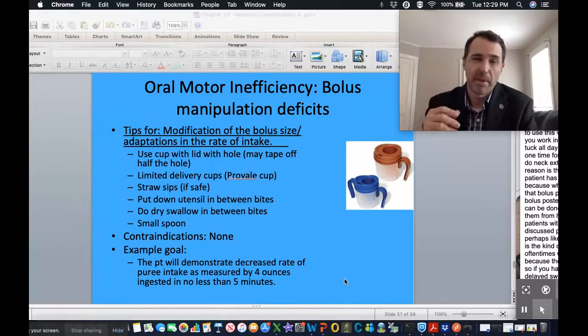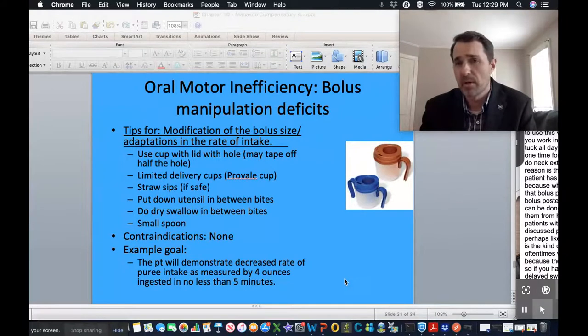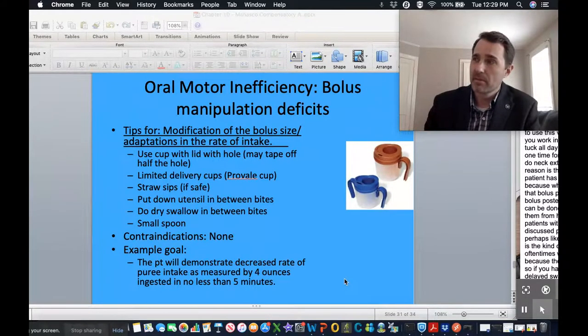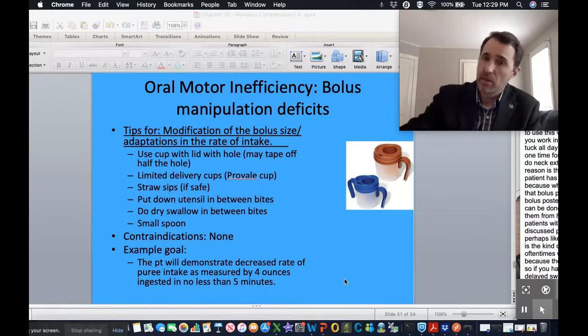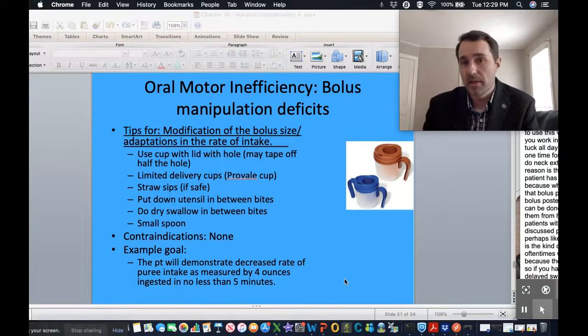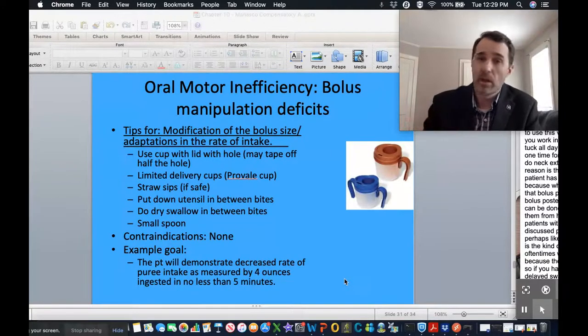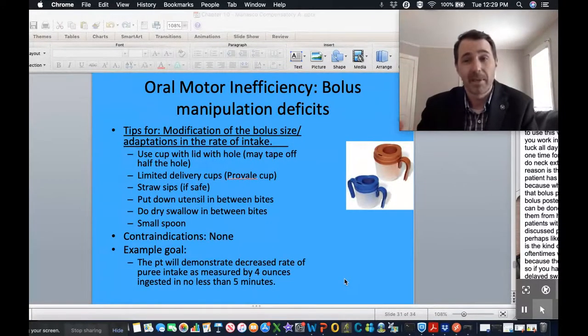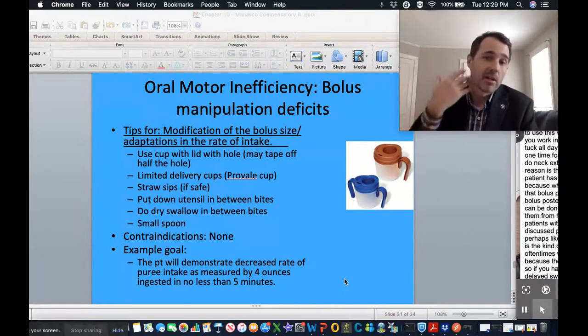If the patient doesn't have any pharyngeal swallowing problems, then teaching them to take small sips from a straw might be possible. As we already mentioned, putting the utensil down between bites could pace them. Teaching them to do a dry swallow between bites could pace them and also could clear any stasis.